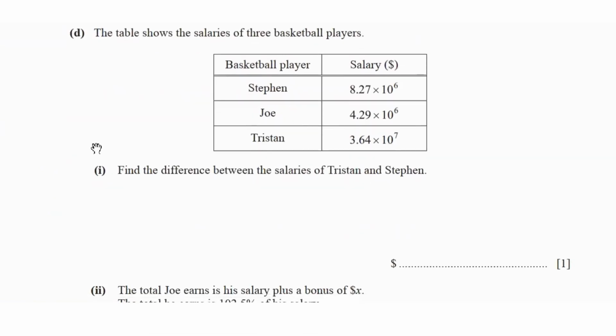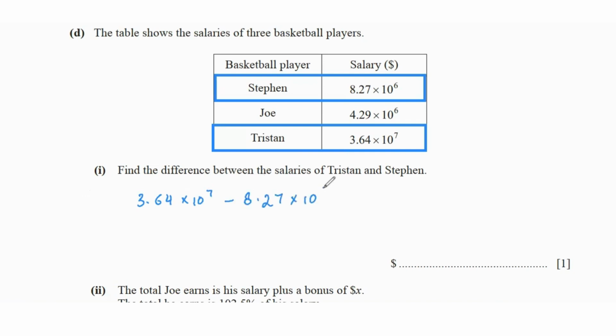The table shows the salaries of 3 basketball players. Find the difference between the salaries of Tristan and Stefan. This is Tristan. This is Stefan. So we just subtract their salaries. 3.64 times 10 to the power of 7, which is the bigger value, minus 8.27 times 10 to the power of 6.